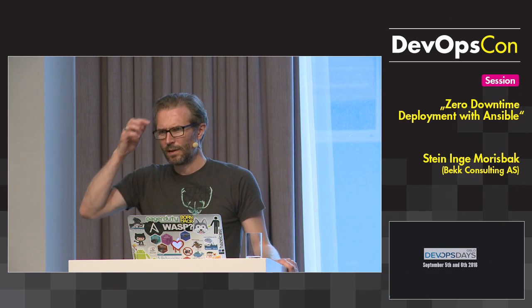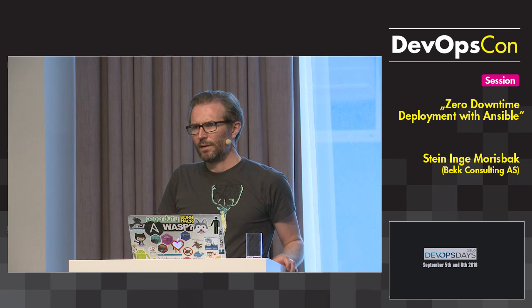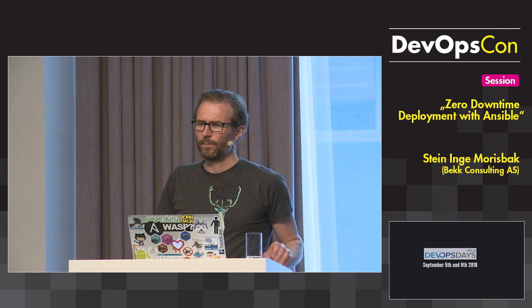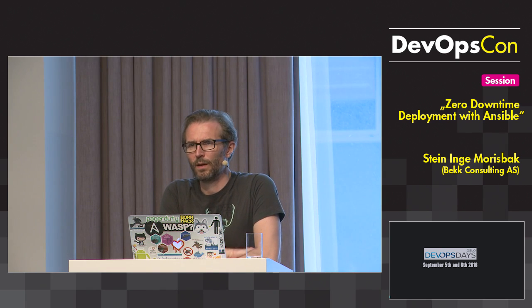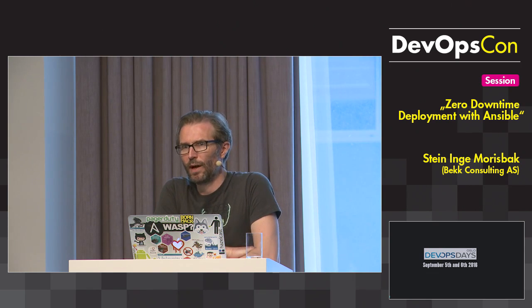What happens when two or more of my roles conflict with each other? Does Ansible tell me something about it? How does it handle it? No, you'll have to find out that yourself, I guess.